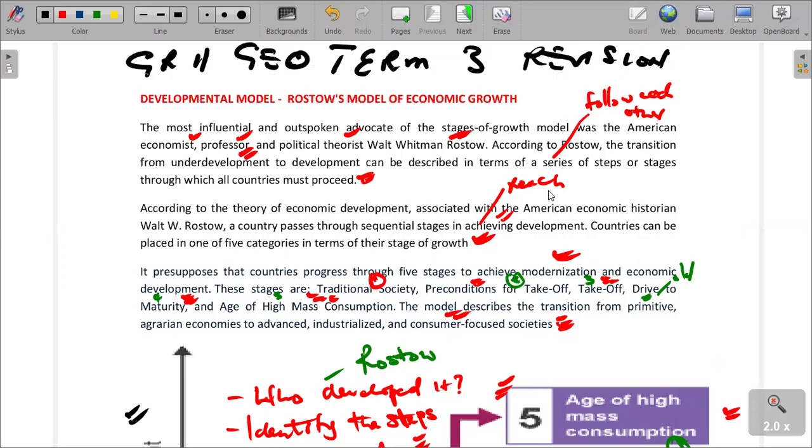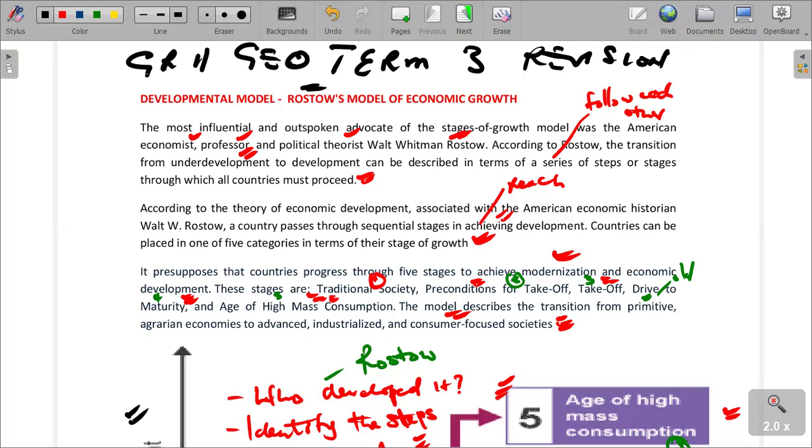This economist and professor, as well as political theorist, Walt Whitman Rostow, is the one who developed the model. So don't forget that it was developed by Rostow. Rostow developed the model, and that is why it is named the Rostow development model.